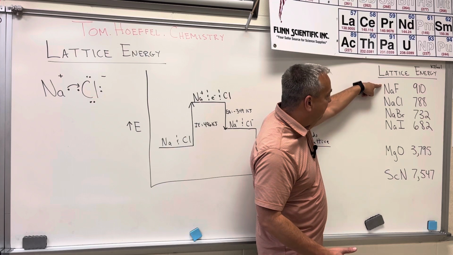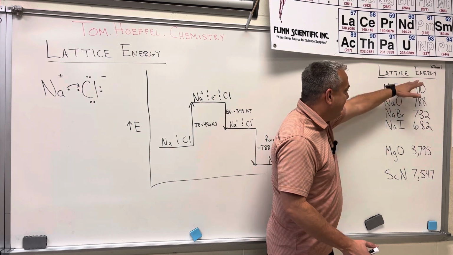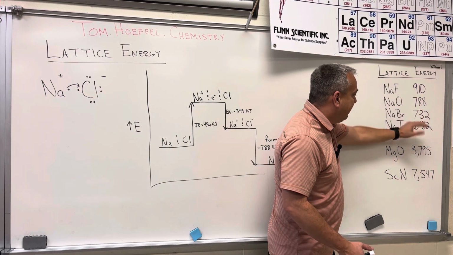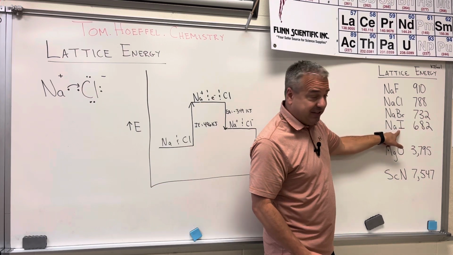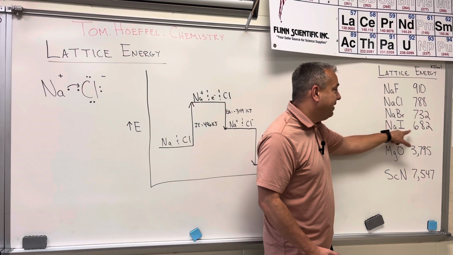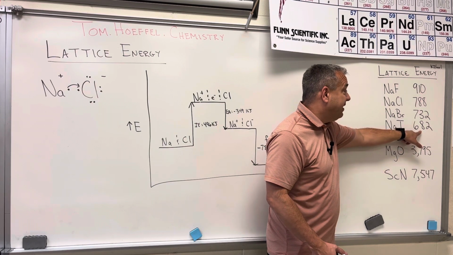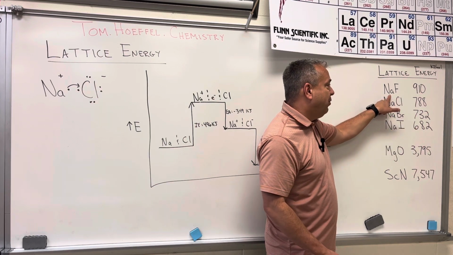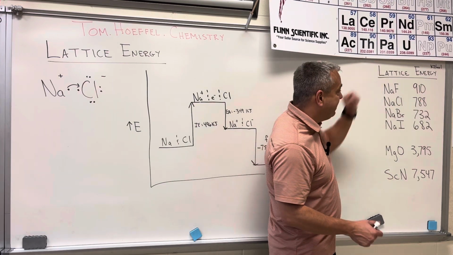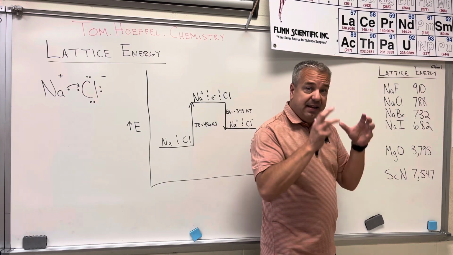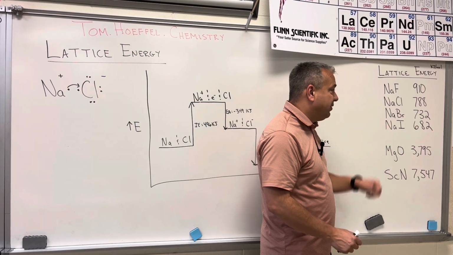For example, sodium fluoride is 910, and as we go down, we can see that the lattice energy is decreasing. So it's easier to separate sodium iodide. It only requires 682, whereas to separate a whole bunch of sodium fluoride would cost us 910. So the lattice of the sodium fluoride is a lot stronger than the sodium iodide.